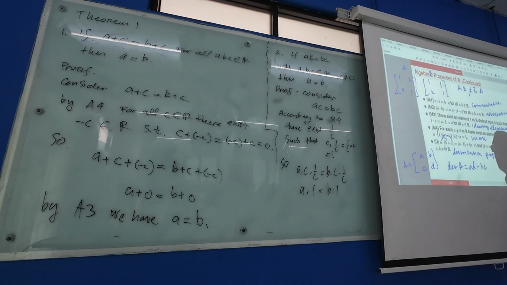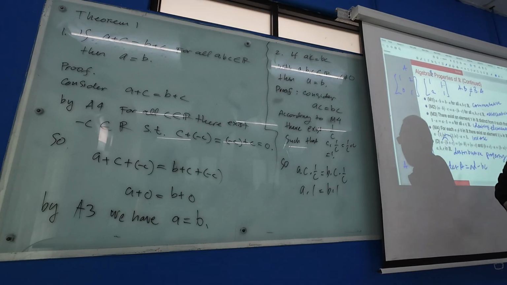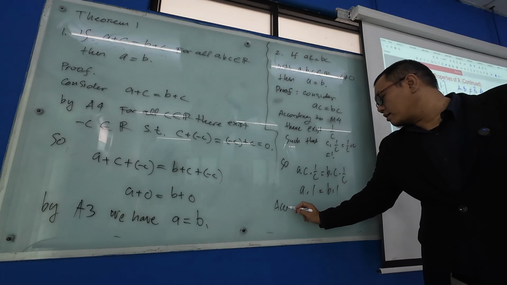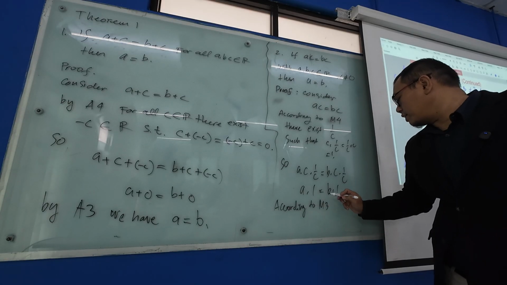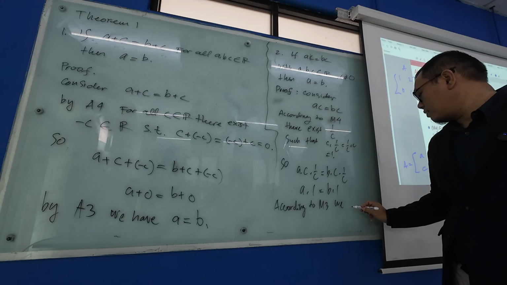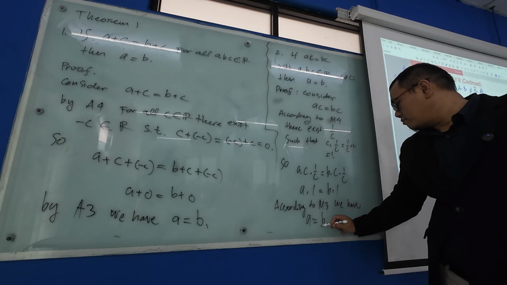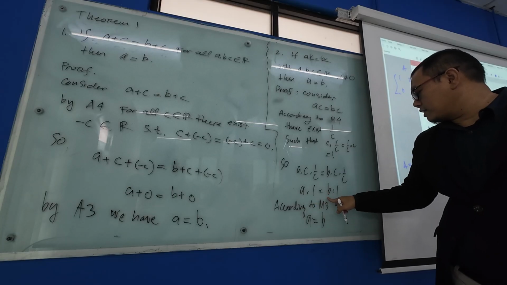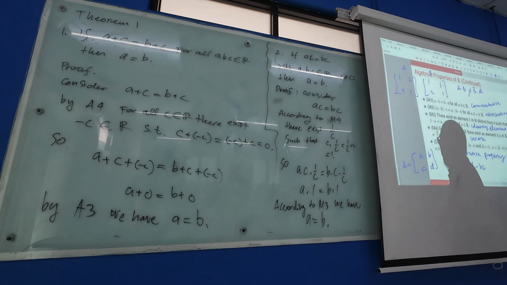Again, according to M3, we have A equal B, because A times 1 is A, B times 1 is B. So it completes the proof.